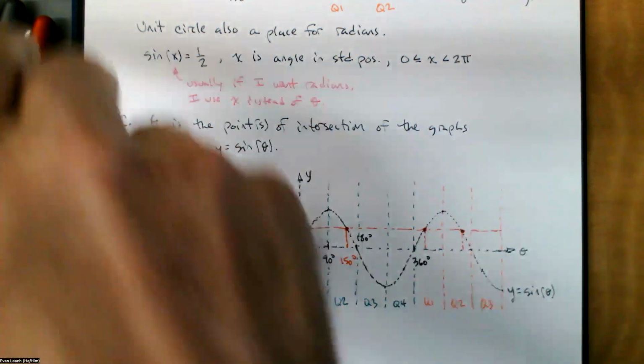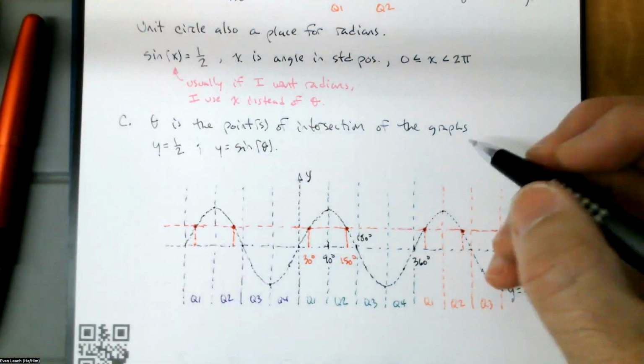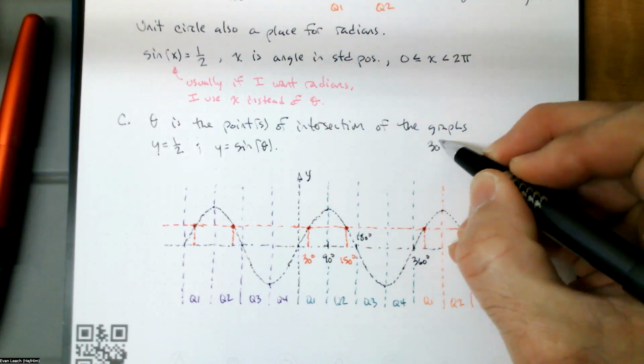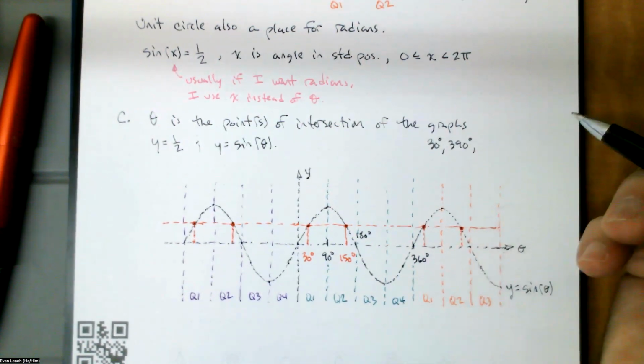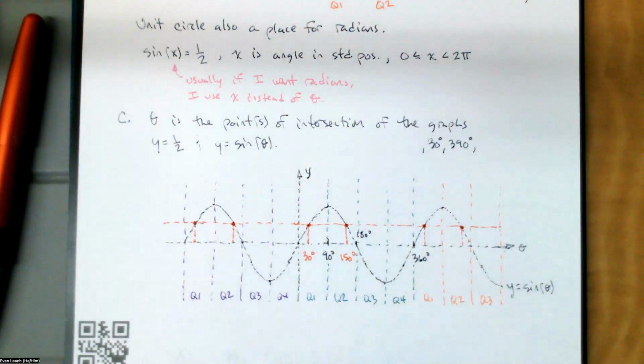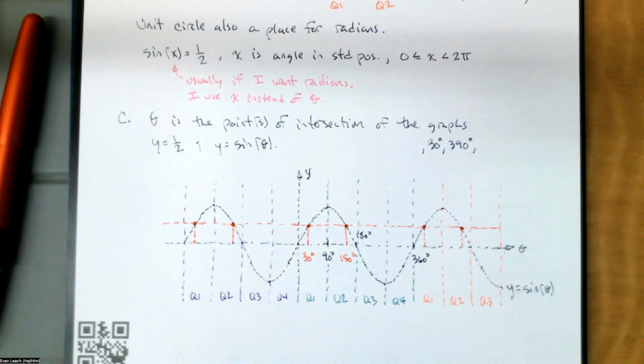So we don't just get 30 degrees. We also get 390 degrees. We don't just have 30 degrees, we can subtract 360 from this. We have negative 330 degrees.